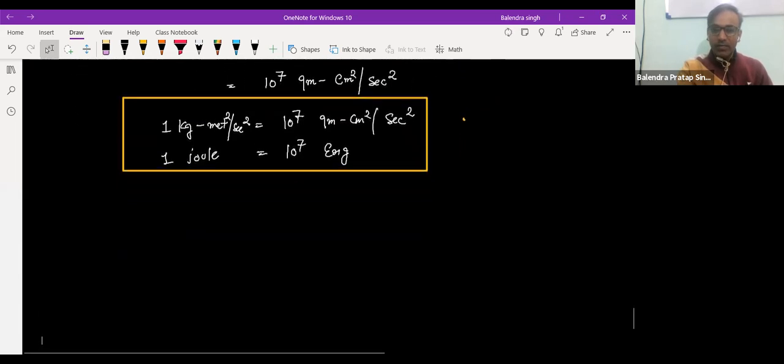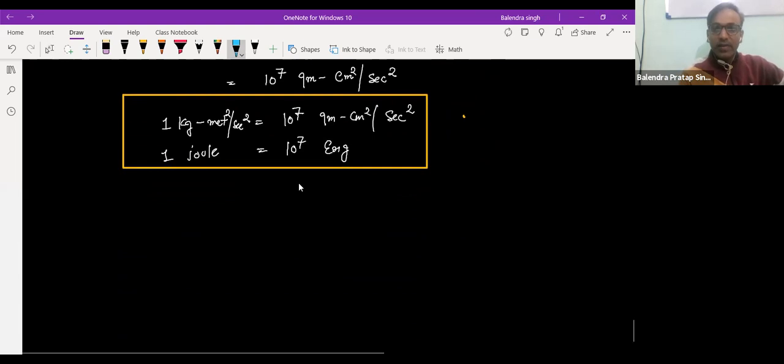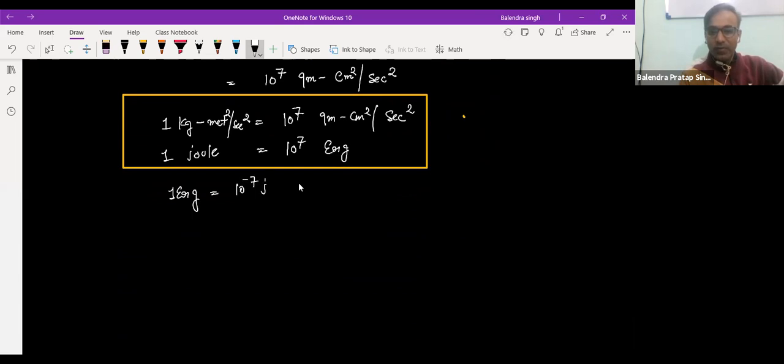So you can also convert this 1 erg. This is for your homework problem, equal to 10 raised to the power minus 7 joule. You just have to reverse the process, and you will get the exact result. Another very good example of this topic, conversion of unit, is convert 1 dyne into Newton.